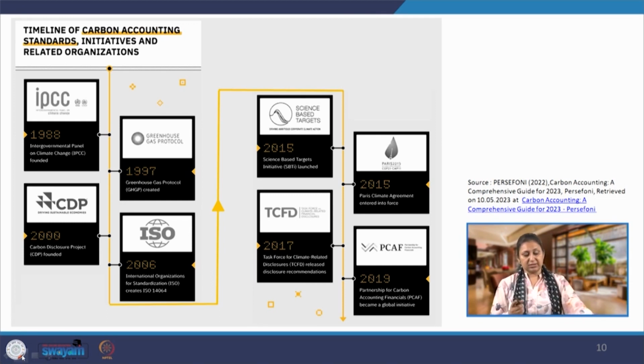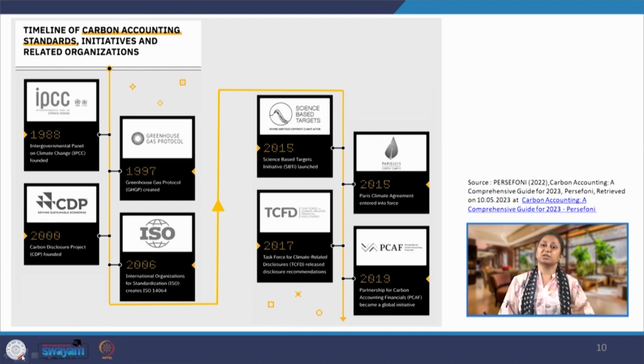And then there was another initiative which was called the Science Based Targets Initiative, SBTI. This was launched. Again, it does similar things just as CDP and GHG does. And 2015, we know the Paris Climate Agreement came into force. And then we also had the TCFD, Task Force on Climate Related Financial Disclosures. Again, this is climate related disclosure and largely talking about emissions, but all these, for example, science based targets.